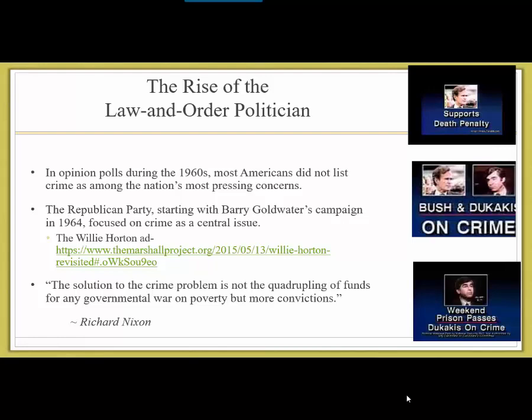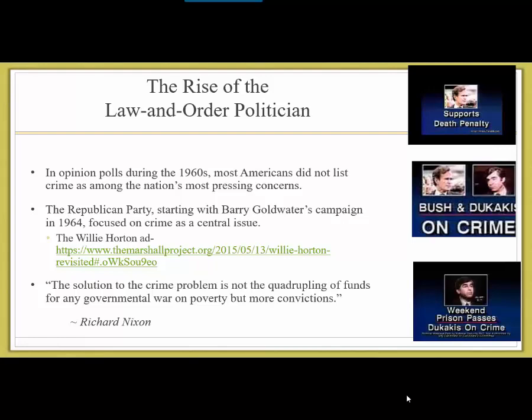But Willie Horton was a state prisoner who, back when they used to give weekend prison passes, committed a murder while he was on a weekend prison pass. And Michael Dukakis was the governor of that state. George H.W. Bush was able to successfully link the Willie Horton incident to him, and beat him pretty soundly.